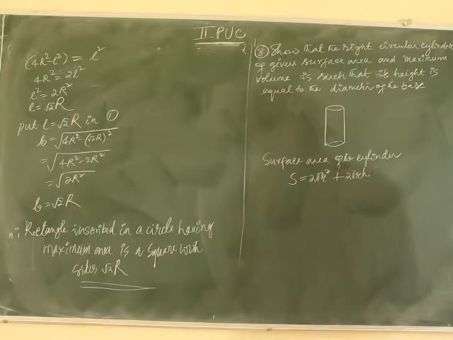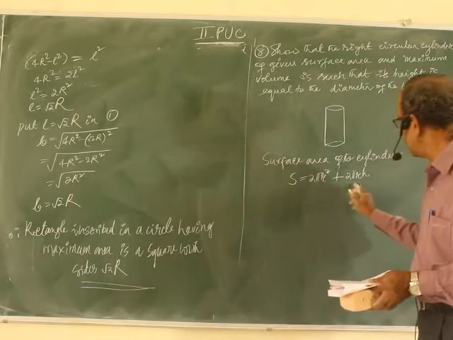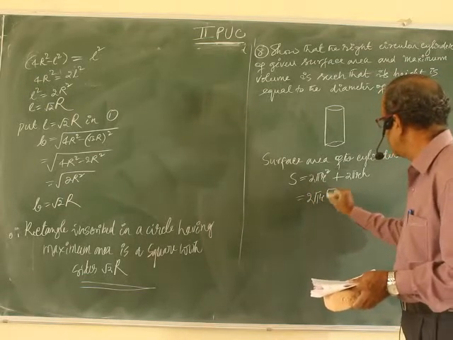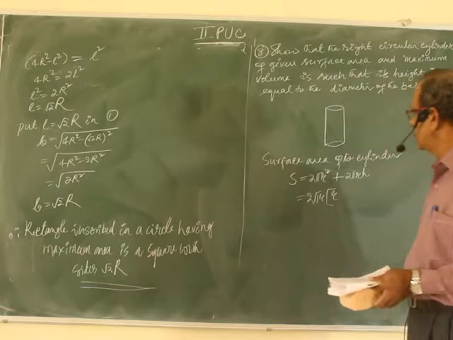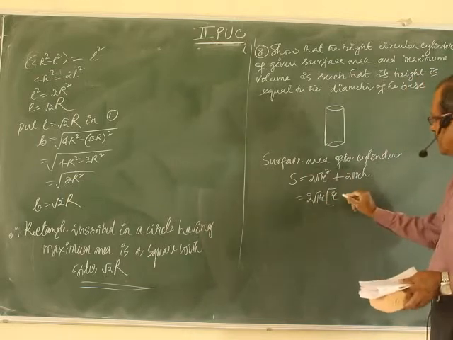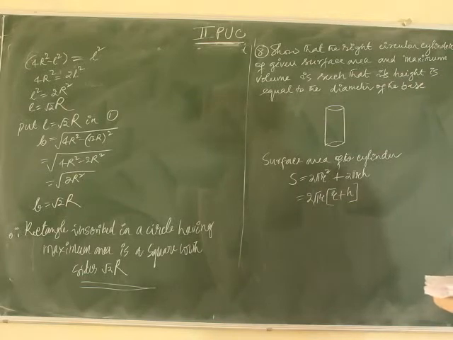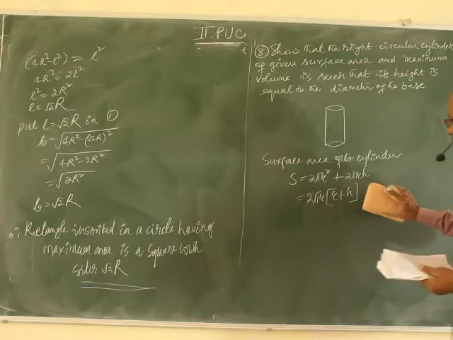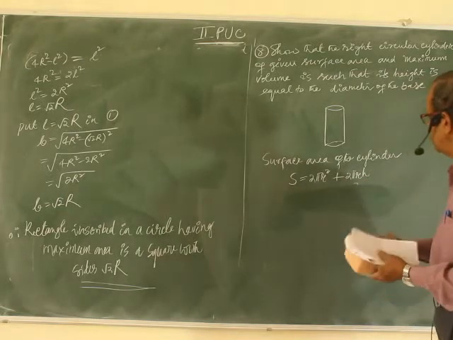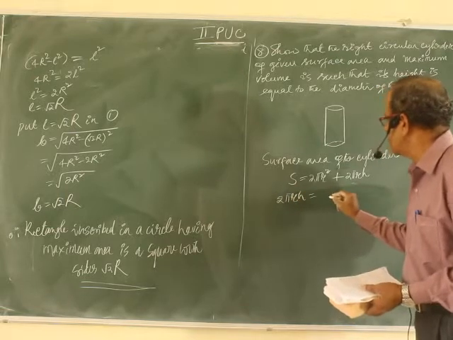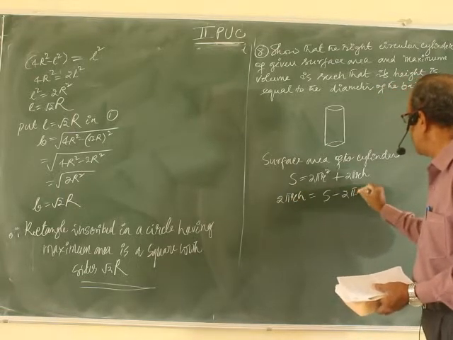2 pi r into h, area of the curved surface. Or I can write like this also. Here 2 pi r is constant, 2 pi and r can be taken outside, r plus h inside the bracket. Or in order to find h, 2 pi r h equal to S minus 2 pi r square.